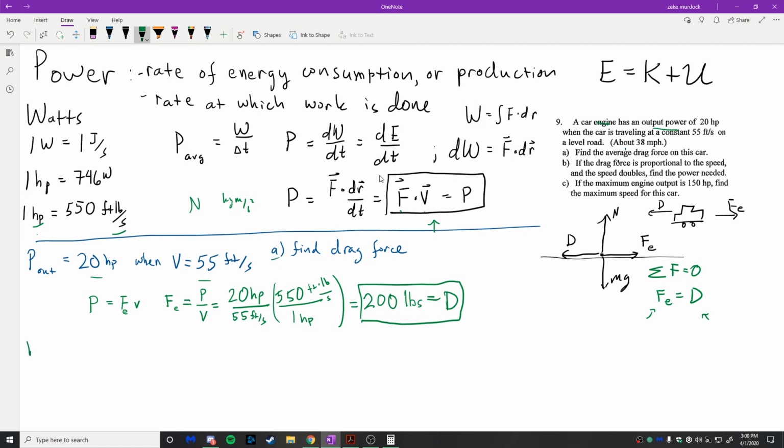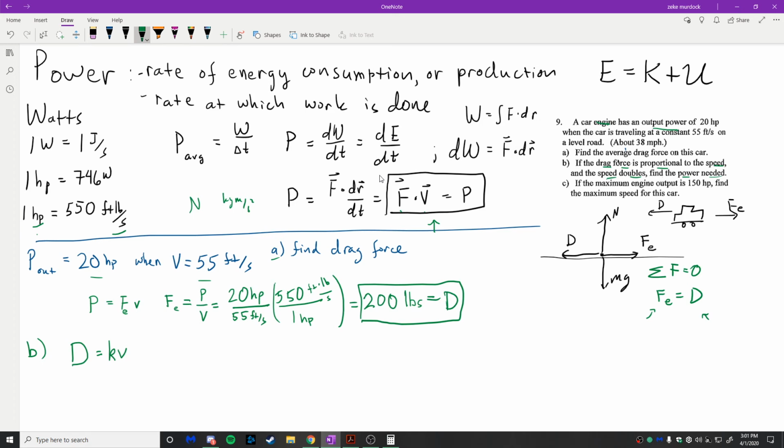Okay, part B, things get a little trickier. In part B, it says, if the drag force is proportional to the speed, and the speed doubles, find the power needed. So when they say that the drag force is proportional to the speed, that's like saying that there's some constant, maybe we call it k, that if we multiply it by the speed, that's going to give us the value for the drag force.